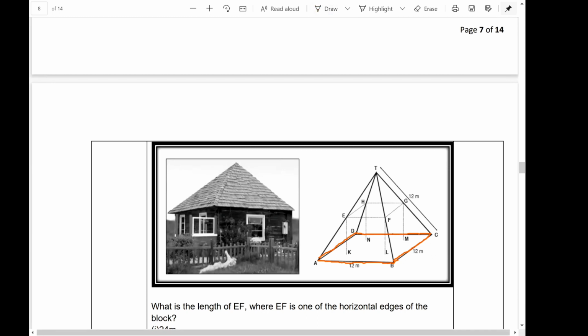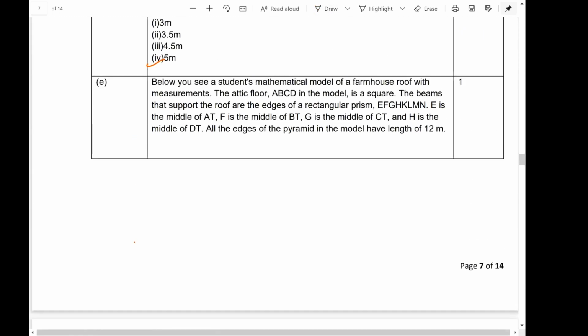Now the remaining part which is written in the question, the beams that support the roof are the edges of a rectangular prism EFGHKLMN.